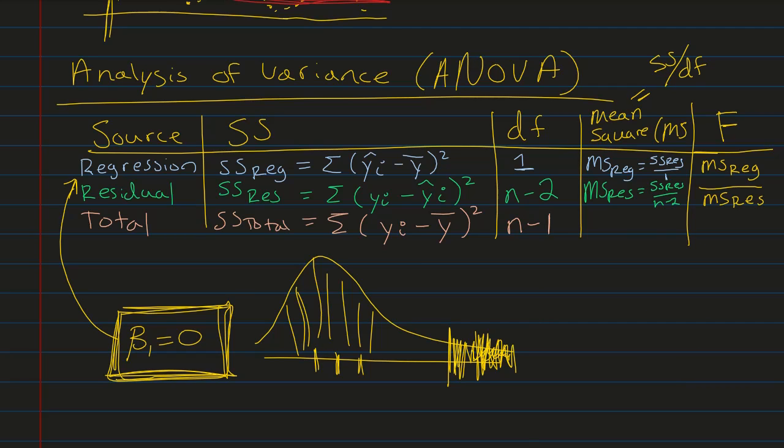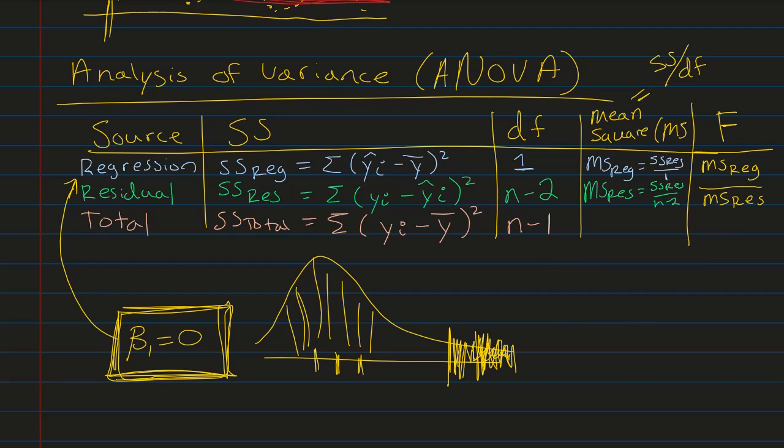And this small F value is going to occur when the MS for the regression is comparable to the MS of the residual. In other words, it's just not much bigger, right? So it can either be less than or it can be equal to. And in that situation, the residuals are explaining a lot of the variability rather than the regression. Okay, so that's the intuition behind this F test.